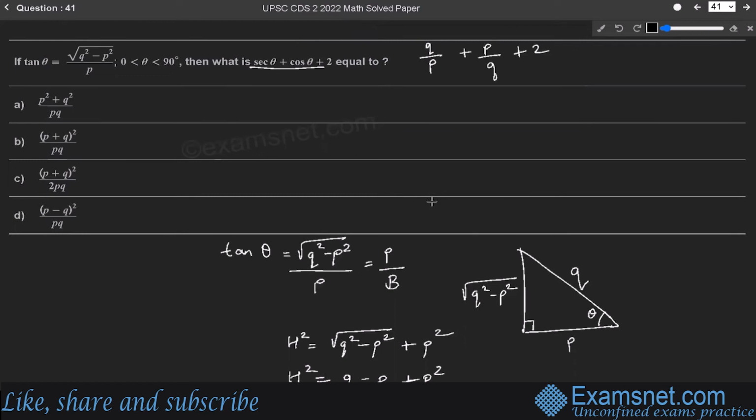On further solving, it will be equal to q square plus p square plus 2pq upon p into q. You can see that this is the formula for p plus q whole square. So it will be p plus q whole square upon pq. So the correct option here is option number B, which is p plus q whole square upon pq.